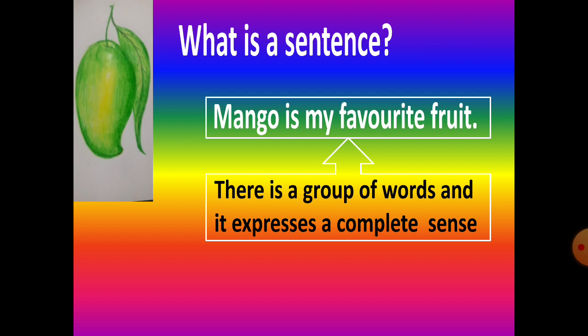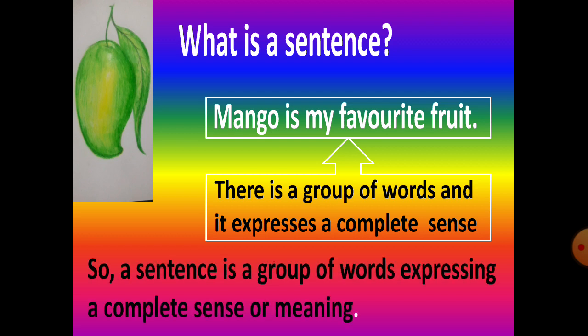If any group of words expresses a complete sense, then we can call it a sentence. Here is the definition: a sentence is a group of words expressing a complete sense or meaning.